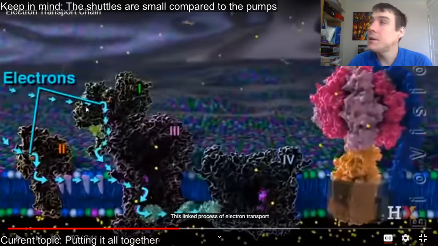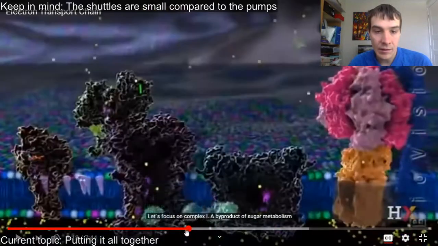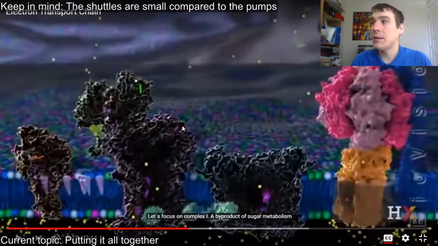Notice there's 2 pathways. One of these is for NADH and the other one is for FADH. NADH can activate all 3 pumps. FADH, being a lower energy molecule, as mentioned before, can only activate 2 of the pumps. So now they're going to track NADH and FADH as they go through this.